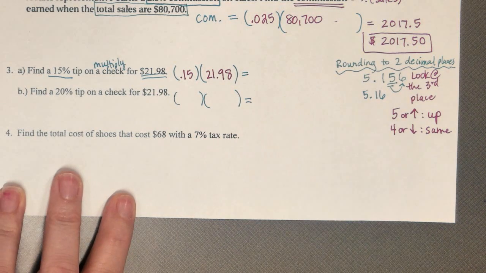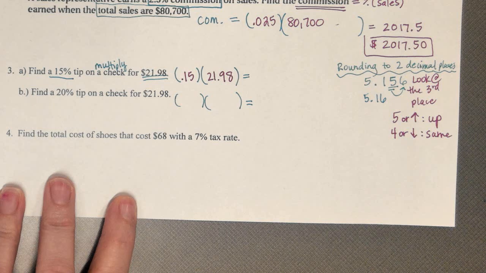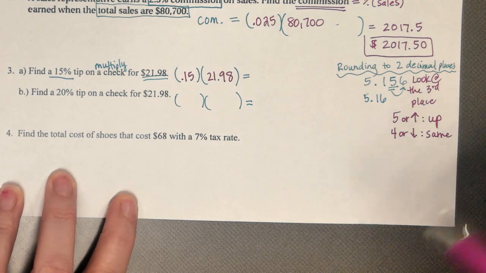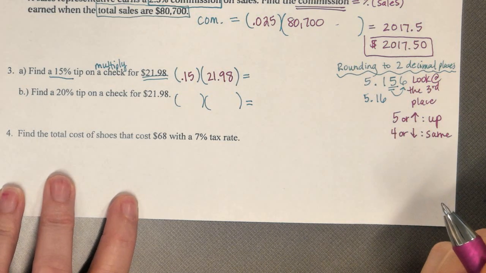So write it out to 3 decimal places, and then I'll help you round. Yeah, that's what I want you to write down. So you should get something with 3 decimal places. So will you guys write that down for me? And then, Landon, will you tell me what you got?